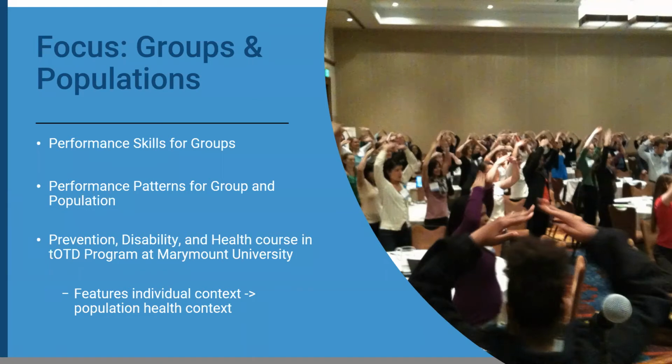At Marymount University, our Prevention, Disability, and Health course covers individual health, prevention and disability, all the way to a population health context. And so that course will cover things like health promotion, wellness, public health, and social determinants of health.